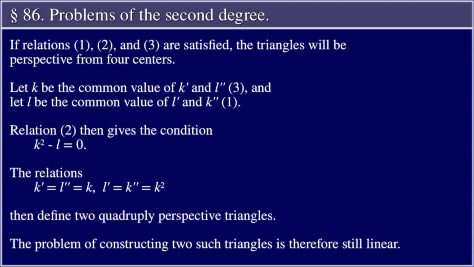Relation 2 then gives the condition K squared minus L equal to 0. The relations K' equal L'' equal K, L' equal K'' equal K squared, then define two quadruply perspective triangles. The problem of constructing two such triangles is therefore still linear.